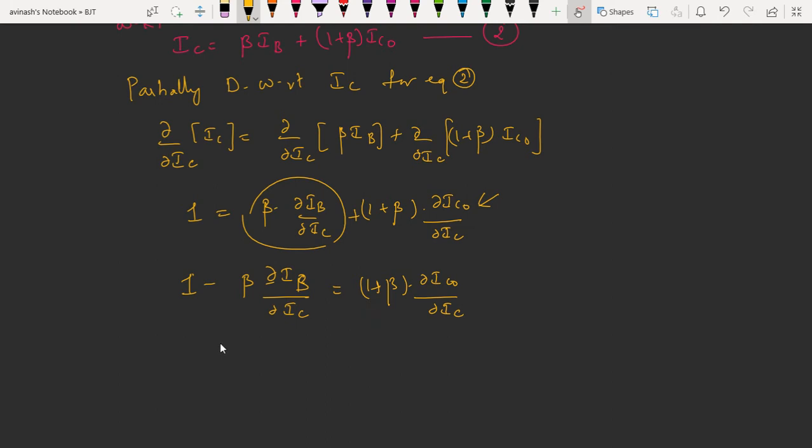Now what do you mean by stability factor? Stability factor is defined as the rate of change of collector current with respect to the reverse saturation current. So I will be manipulating this in this way.